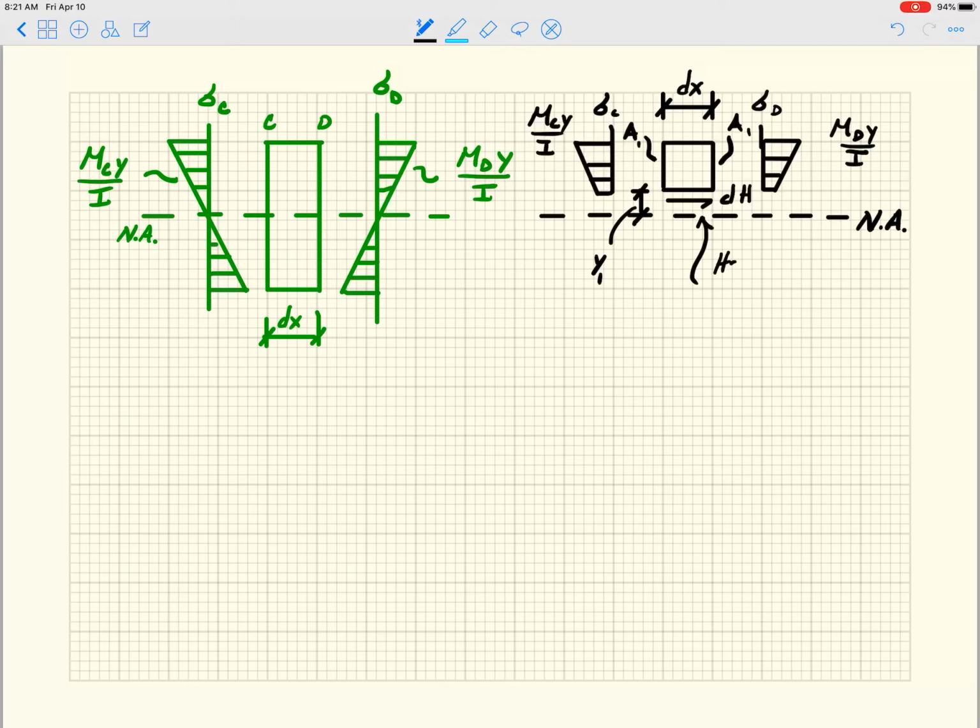This guy is a horizontal shear force, and it's needed when MC does not equal MD. If that's the case, of course, that implies that the stress on face C is not the same as the stress on face D. So hopefully you get this logic.